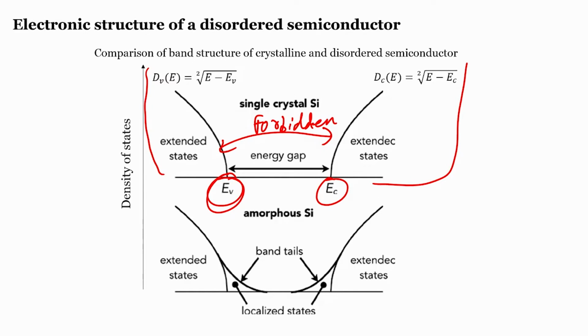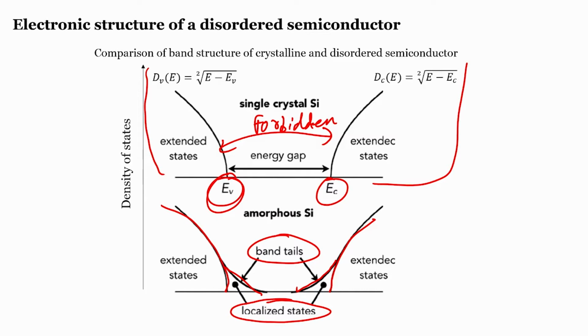Let us have a look at the density of states versus band diagram for amorphous silicon. In this case, even though the bands here, like the case of single crystal, are clearly defined, emanating from either side are band tails, as you can see here, and these band tails have something called localized states.